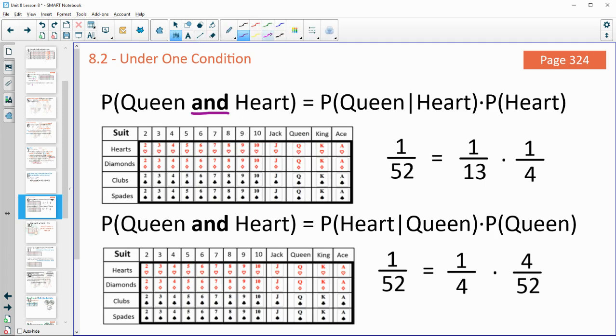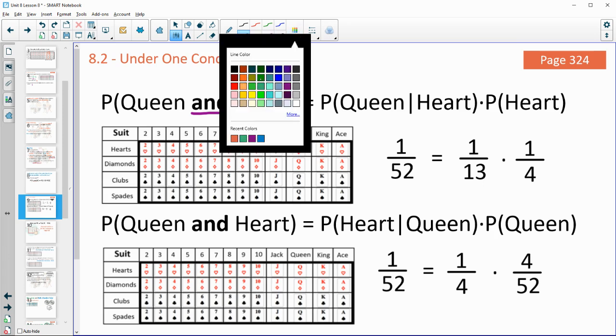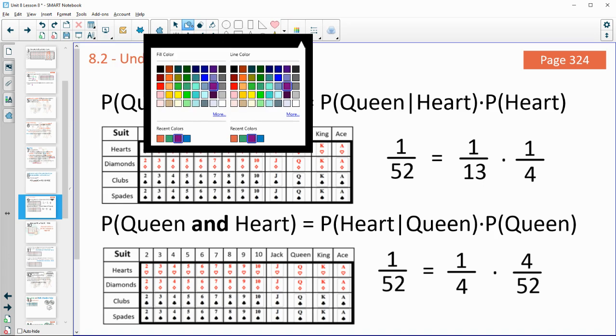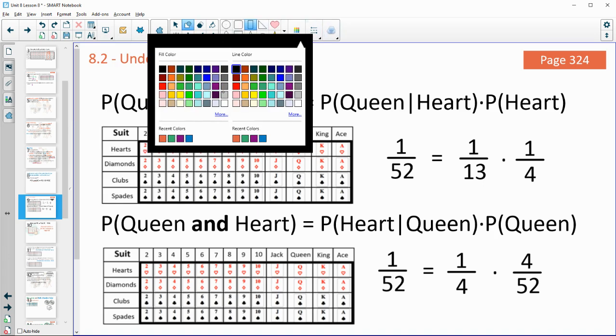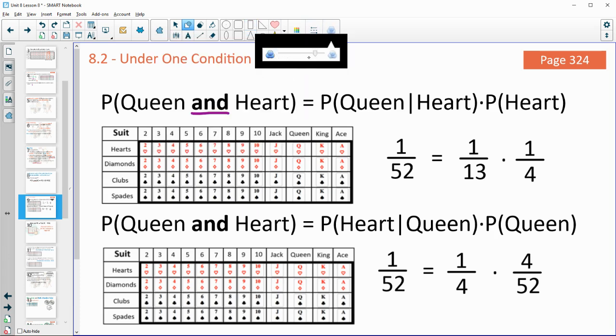Then if we take a look at this new notation, a queen given that a heart has happened. Now we know that we have selected a heart, so that's here. How many of those highlighted in orange are queens? We see 1 out of the 13. And then what's the probability of a heart?